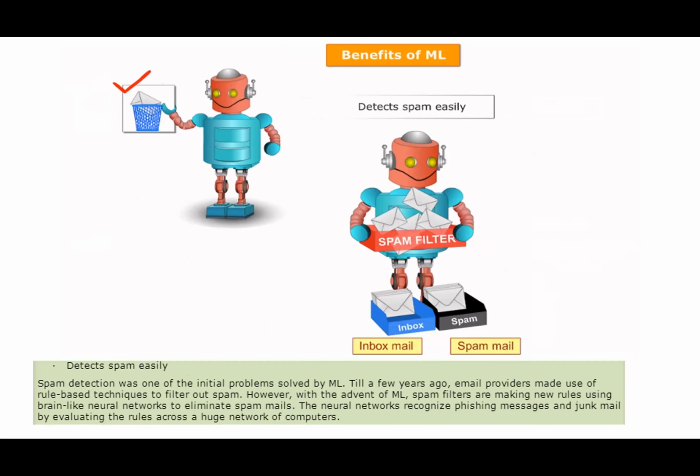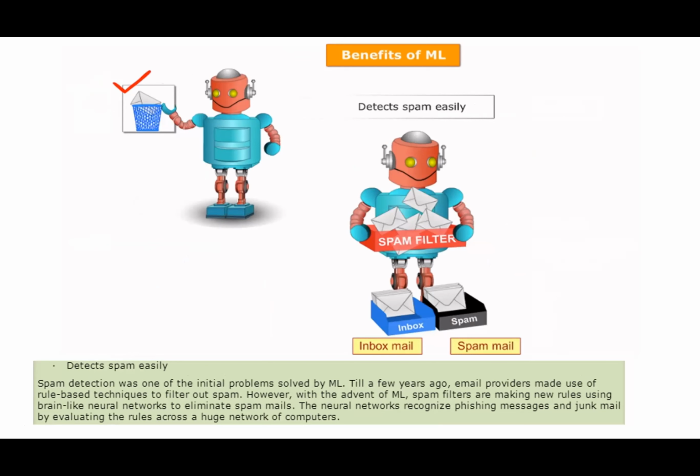This thing is very simple. In our email, just open your mailbox, you will find something in the spam folder which is already spam, and you will find lots and lots of mails which are spam but are in your inbox. So this concept of differentiating between spam and not spam emails was done by a deliberate effort of individuals like you and me, who marked their mails as spam or non-spam.